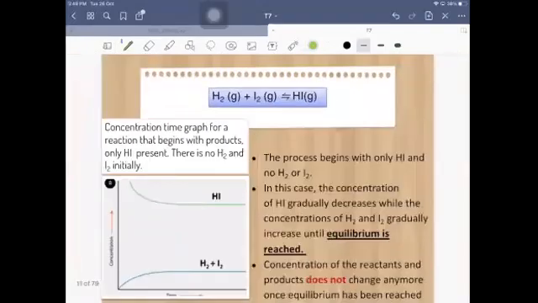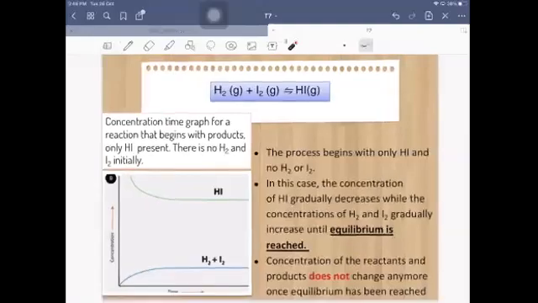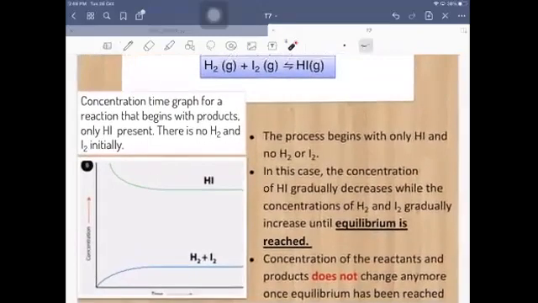Next is for a different scenario. It's still the same system, but this time you have some products to begin with. Okay, 0 reactants. Notice that the graph of the reactant is coming from 0, and the products start at some number, right? So what happens? Same thing. The products will first start to reform the reactants.